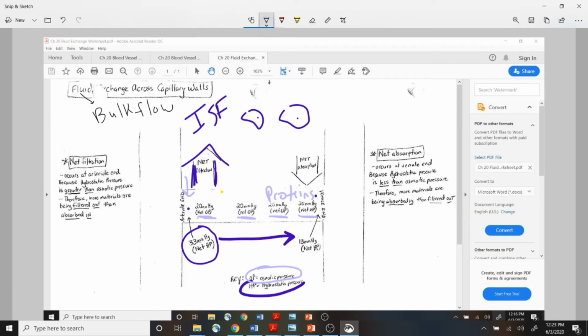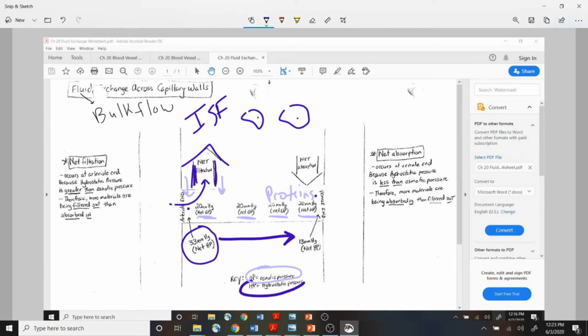Notice I'm making my arrows smaller. There's a little bit of absorption going on at the arterial end, just not as much because the plasma protein pressure, the osmotic pressure, is only 20. So the pull of water in, where my purple arrows are, you can see the movement of fluid in, is not as much as the 33, the blood pressure push. As blood's coming through this capillary bed, there is a push of fluid out.